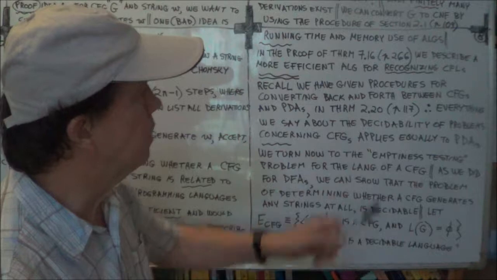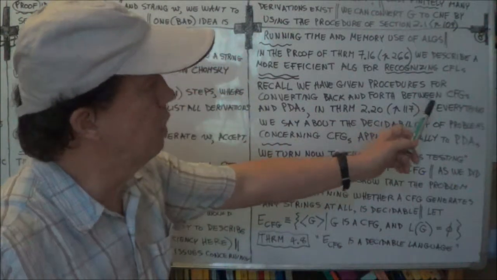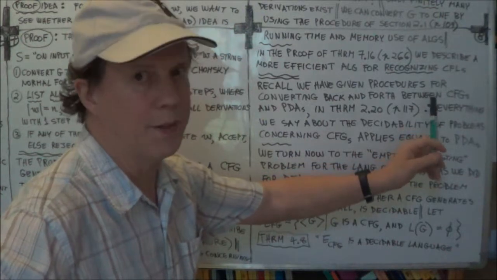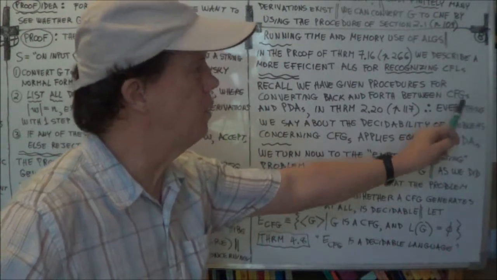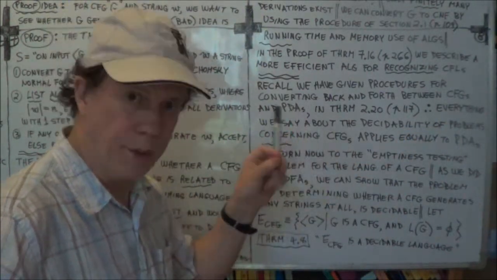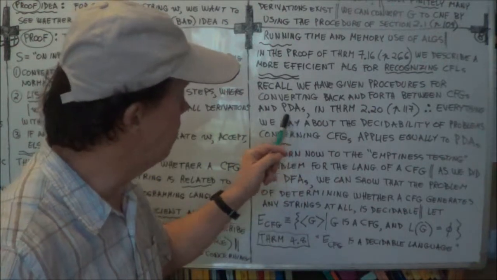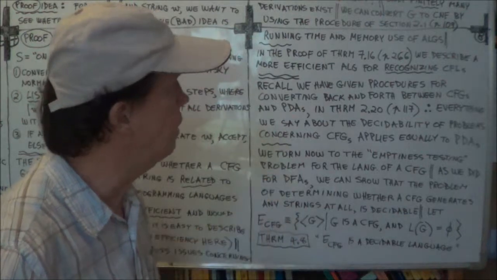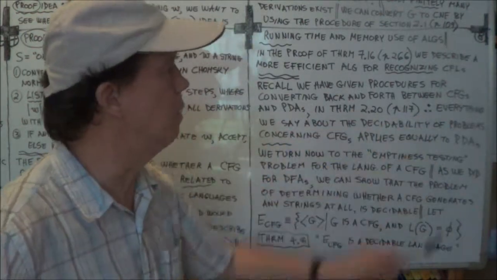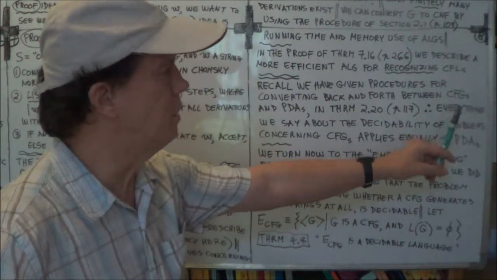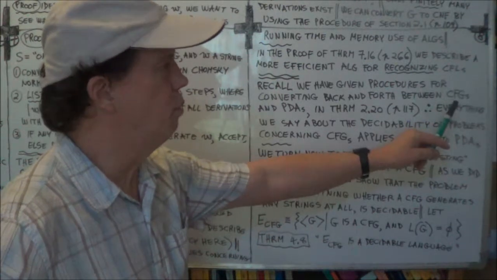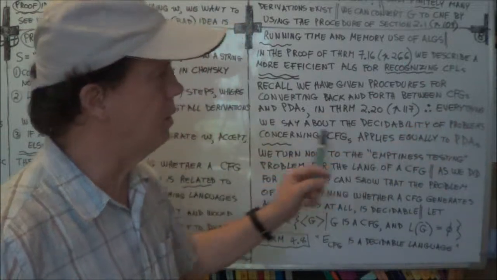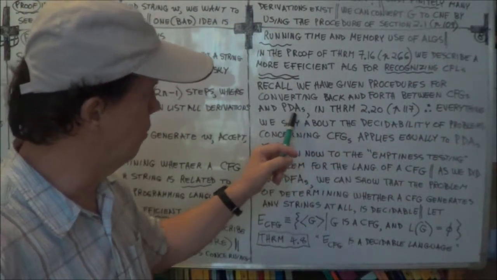So in other words, all these computational questions that we're asking about grammars, CFGs, we can also ask about PDAs, stack machines, pushdown automata, right? Because of the equivalence of these two. So any language that we prove is decidable relating to grammars, we can do something equivalent with PDAs.